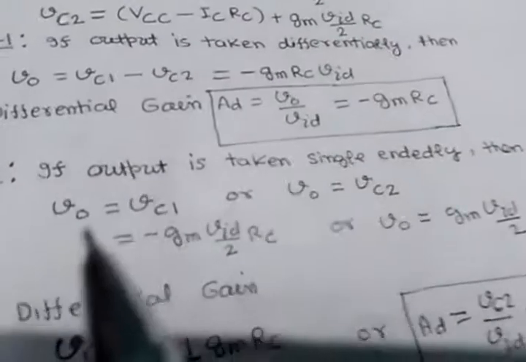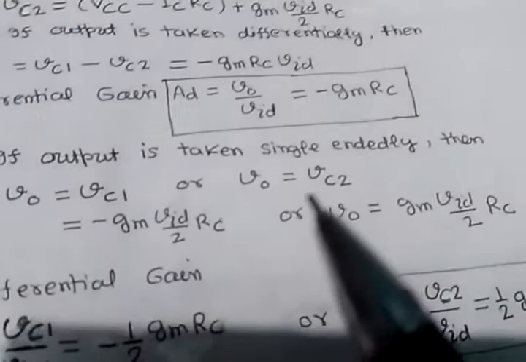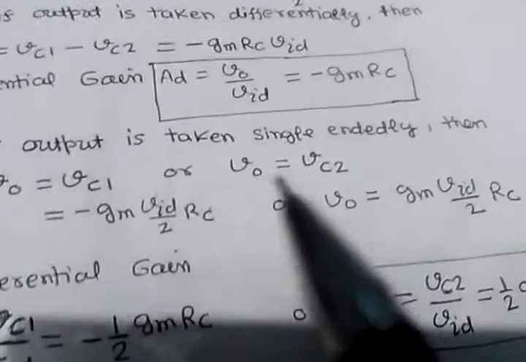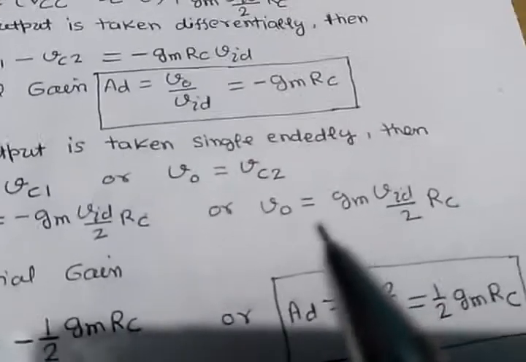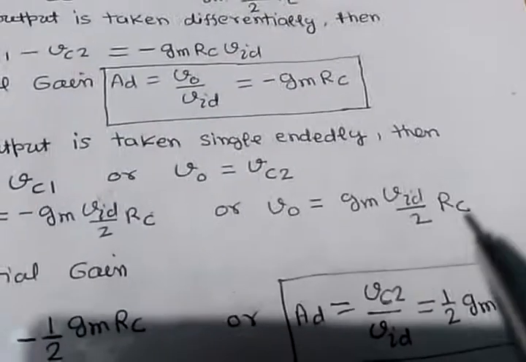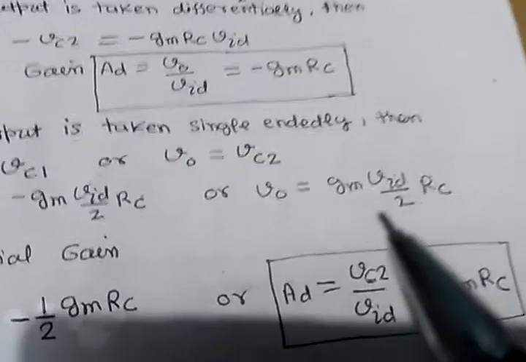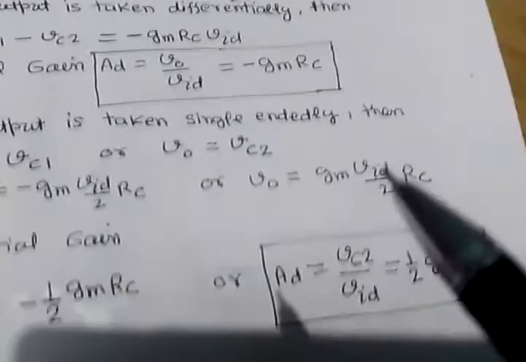So VO equals VC1, minus gm VID by 2 RC. Or if we take the output at the collector of Q2, in that case output will be VC2. So VO equals gm VID upon 2 RC if we take output single-endedly at the collector of Q2.